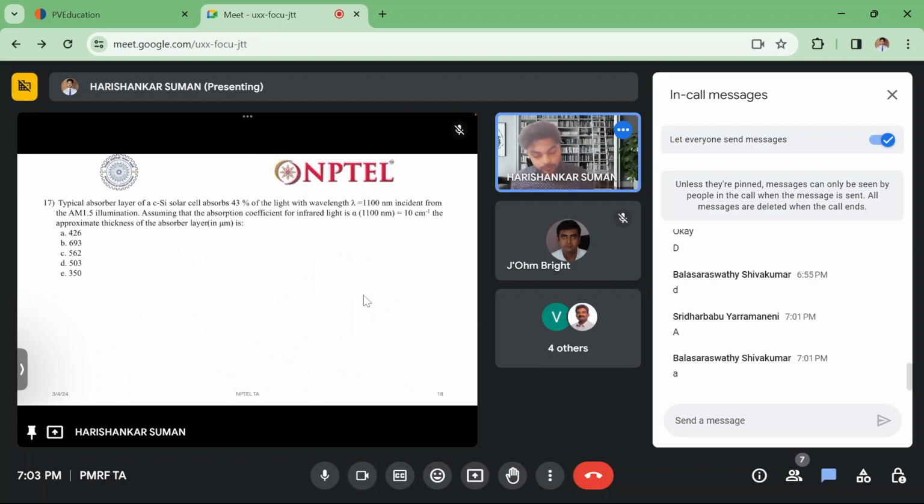Next question. Yes, please. This is also a numerical question. A typical absorber layer of a crystalline silicon solar cell absorbs 43% of the light of wavelength 1100 nanometer incident from the AM 1.5 illumination.